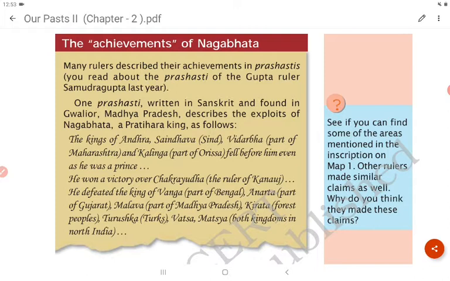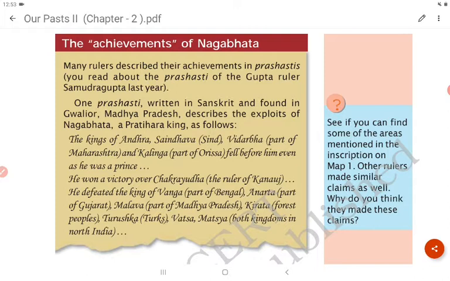One prashasti written in Sanskrit and found in Gwalior, Madhya Pradesh, describes the exploits of Nagabhata, a Pratihara king, as follows. The kings of Andhra, Sindh, Vidarbha, part of Maharashtra, and Kalinga, part of Odisha, fell before him even as he was a prince.